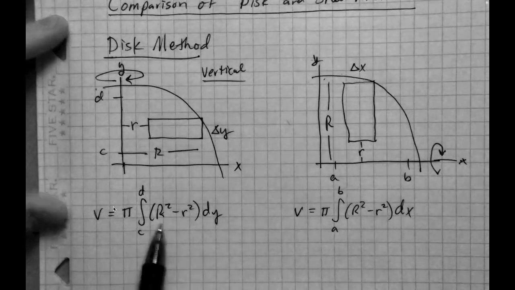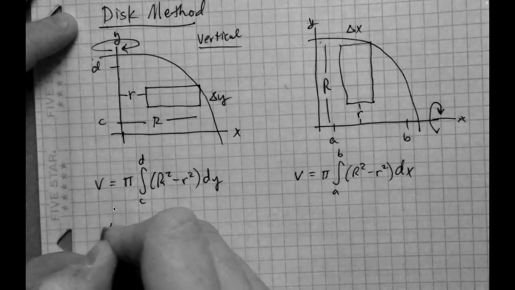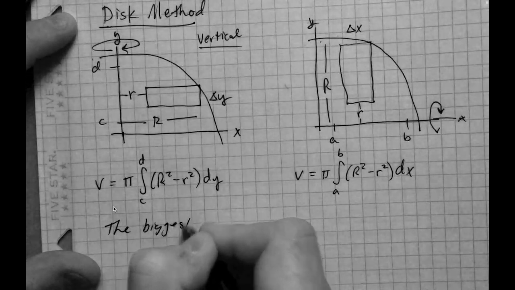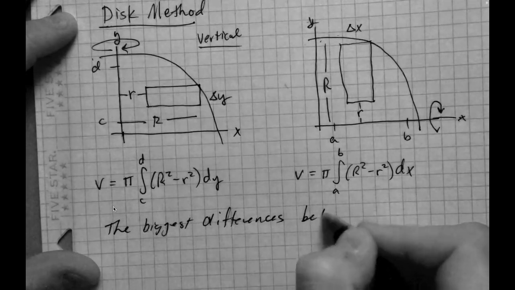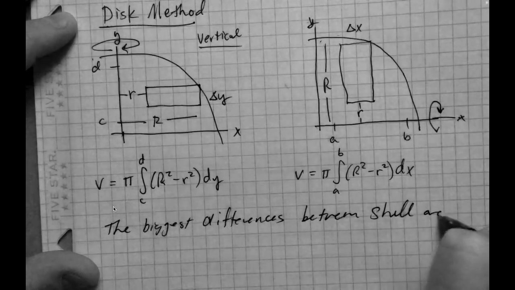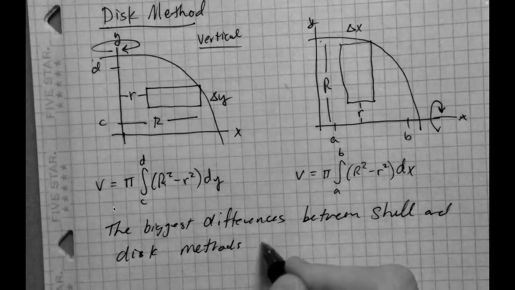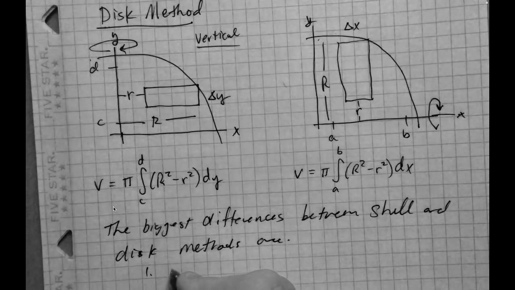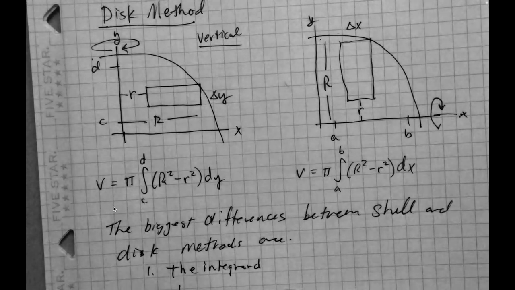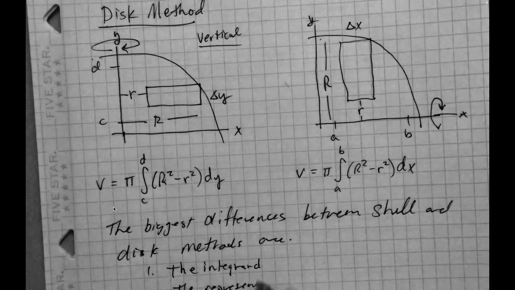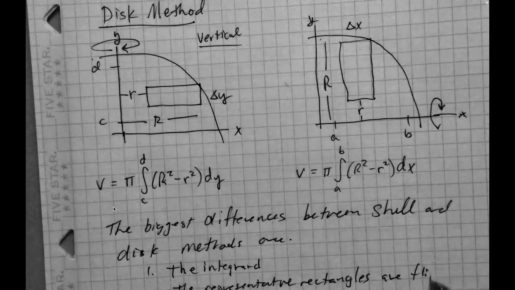So, obviously the formulas are going to vary with the shell method, but I'd say the biggest differences between shell and disk methods are, one, obviously the formulation, the integrand itself, and two, the representative rectangles are flipped, right?